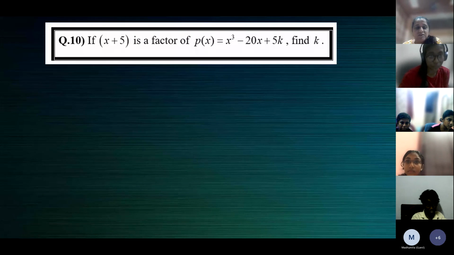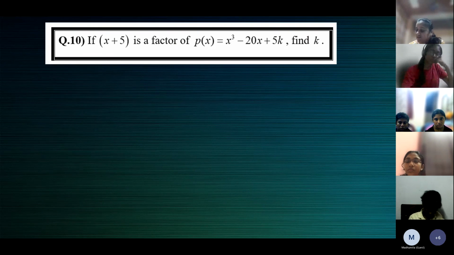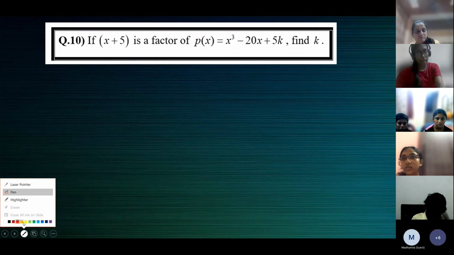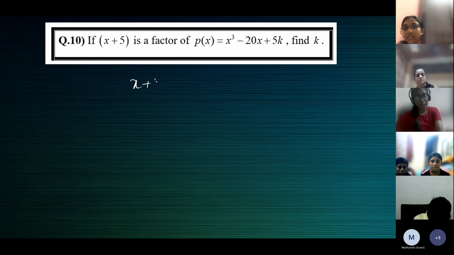Yeah, this is easy. If x plus 5 is a factor of this one, find k. So what is the condition? You should equate what to 0? X plus 5 is equal to 0. X is equal to minus 5.